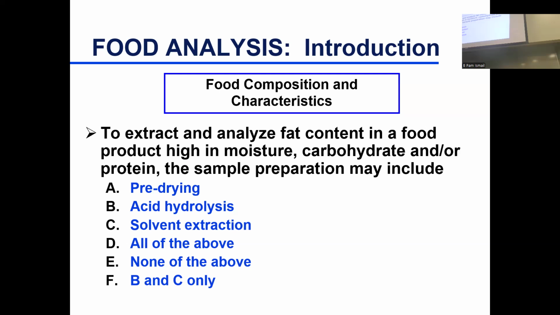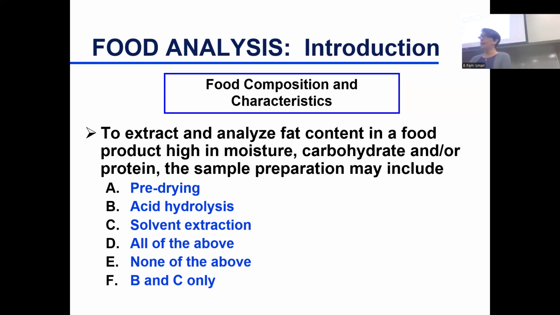But if you have high carbohydrate or high protein, the fat could get entangled. There might be interaction between protein and fat or carbohydrate and fat. So when you're extracting the fat content with a solvent to determine how much fat you have in the sample, these other components can cause interference and prevent the solvent from solubilizing the fat.